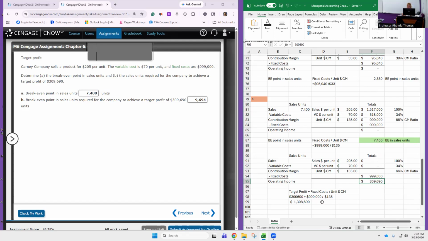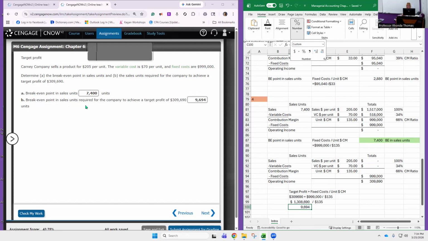So these two added together is 1,308,690. Okay, we're going to divide that by 135. Now the answer is, this divided by this is 9,694 units. We just got units, not dollars.